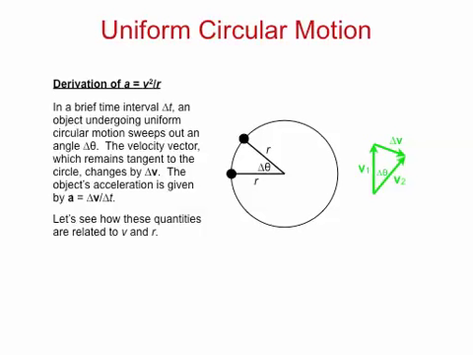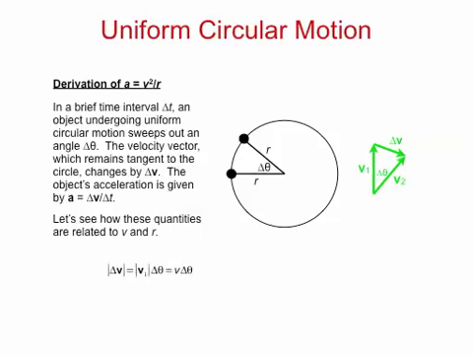By elementary geometry, the angle between v1 and v2 is the same as the angle swept out by the object, namely delta theta. The acceleration is given by a equals delta v divided by delta t. Let's see how we use this to find a relationship between a, v, and r.